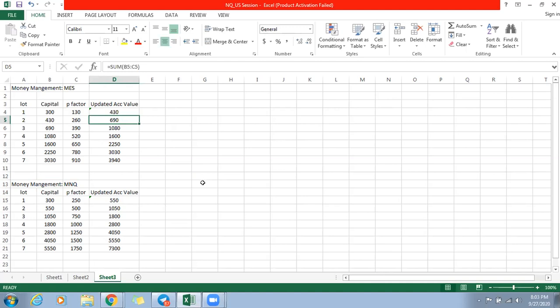This 260 came from the original factor which I decided, 130 times 2, so 260. That means once I reach 260 net profit with two lot position size, then I can increase myself to three lot position size.